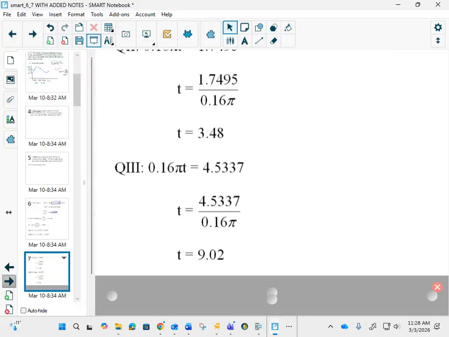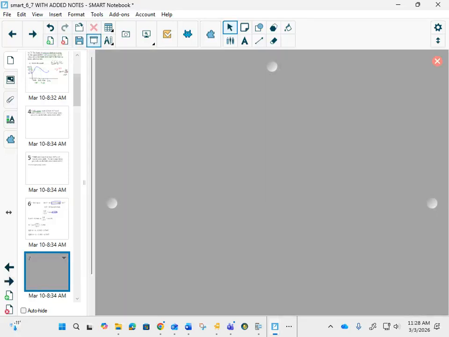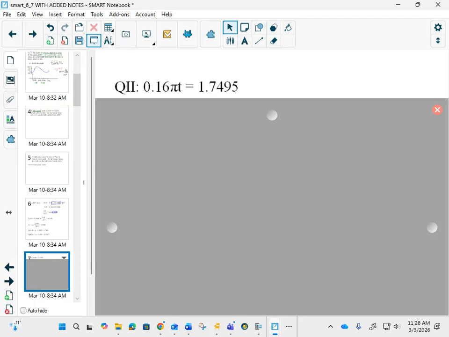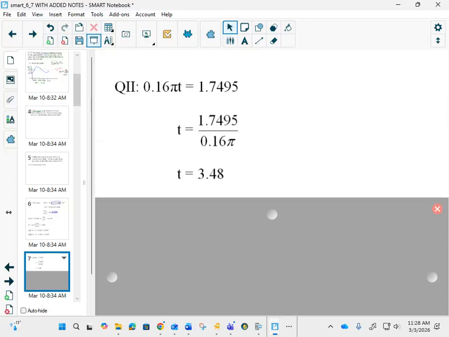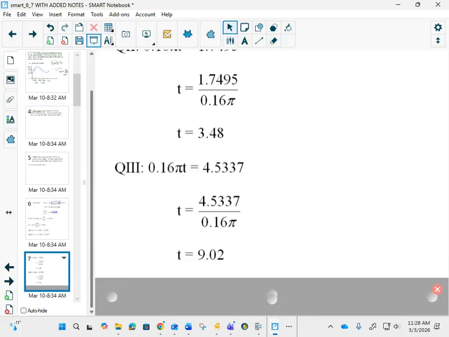So that's the little trick. We temporarily substitute back and say if theta was 1.7495, then 0.16 pi t would be that. And if I divide by the 0.16 pi, sure enough, I get that 3.481. And I could do the same thing with the other one and get the 9.018.